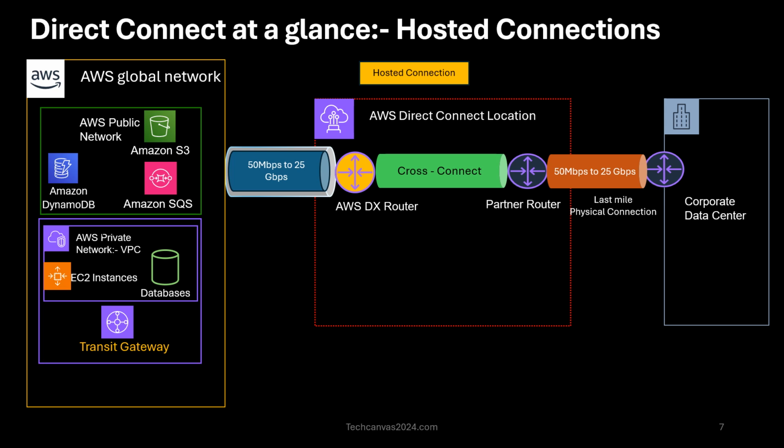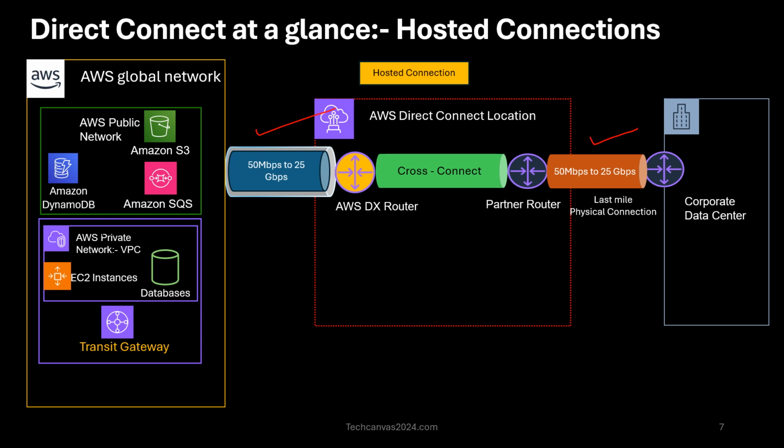The dedicated connection, as I explained, can go up to 400 Gbps, but the hosted connection goes from 50 Mbps to 25 Gbps. The AWS backbone endpoint is the same as well. Speed options are limited compared to the dedicated connection.